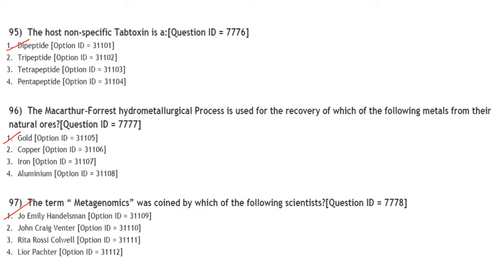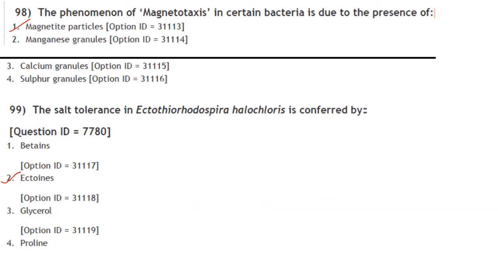The MacArthur-Forrest hydrometallurgical process is used for the recovery of which of the following metals from their natural ores? It is gold. Answer is option 1. The term metagenomics was coined by which of the following scientists? Jo Handelsman. Answer is option 1. The phenomenon of magnetotaxis in certain bacteria is due to the presence of magnetite particles.